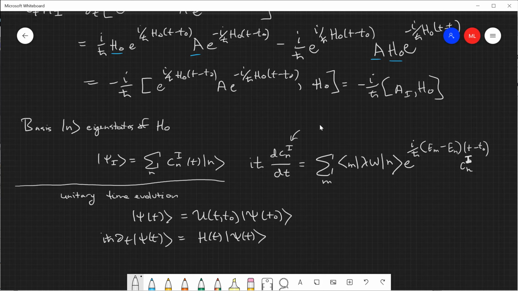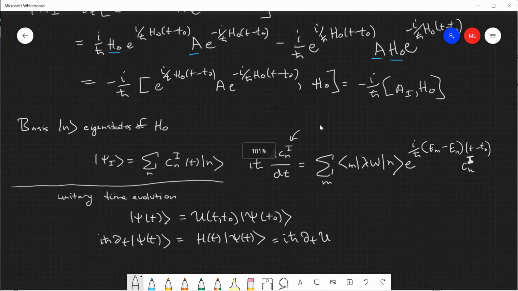And moreover, if you recall from the first semester, these unitaries are actually related to this Hamiltonian as follows. This is actually i h bar dt U. Of course, it makes sense.